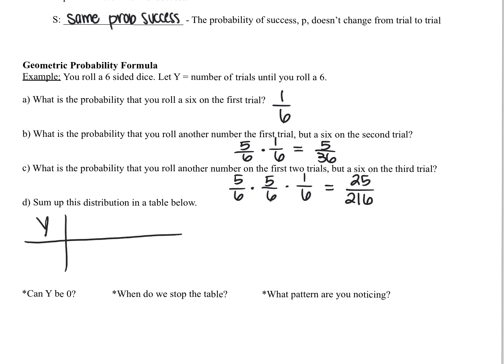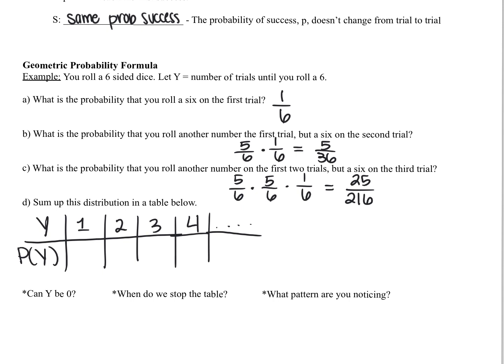So let's go ahead and look at this in a distribution. This time my variable is y, and then the probability of y. With a geometric probability distribution, the smallest number it starts with is 1. You can't start on 0 because we're looking for our first success. So it could happen on the first, the second, the third, the fourth, and then we can actually keep going.